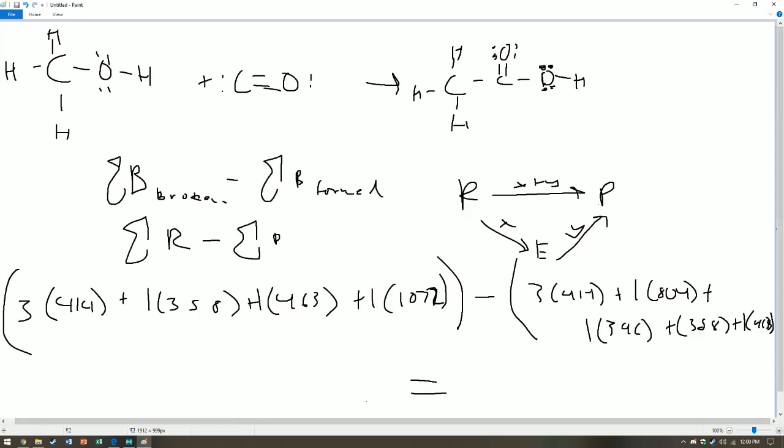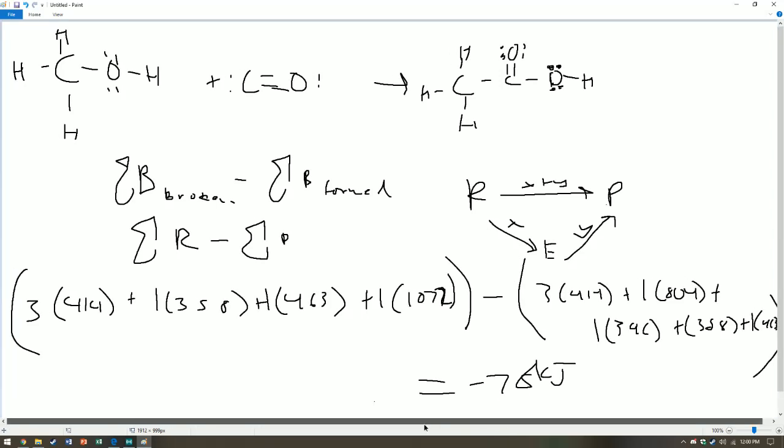Let me calculate it real quickly. That yields us an answer of negative 78 kilojoules per mole.